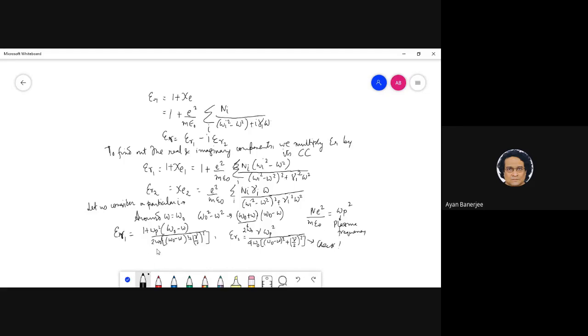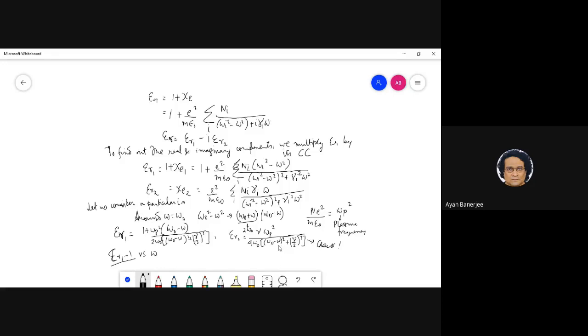What you can certainly see here is, what happens at the resonance frequency? If we plot epsilon r1 minus 1 versus omega, what happens to this quantity as omega goes to omega 0? It is 0. Very interesting. And this other one is never 0, very crucial.